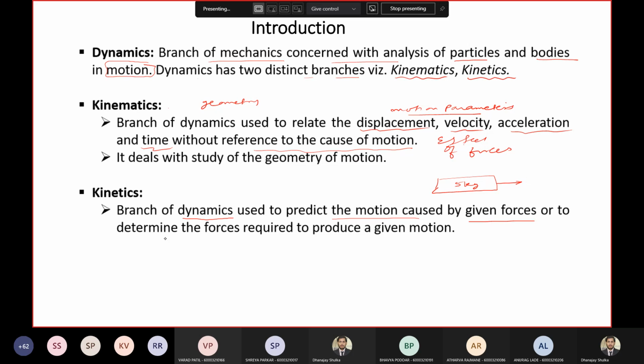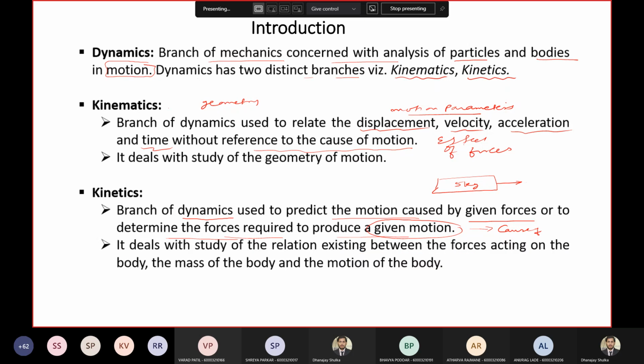We are going to determine the relationship between the motion parameters and forces, and sometimes we are expected to determine the forces required to produce a given motion. So in all, here we are going to consider the cause of motion as well, in addition to the motion. Is it clear to you?